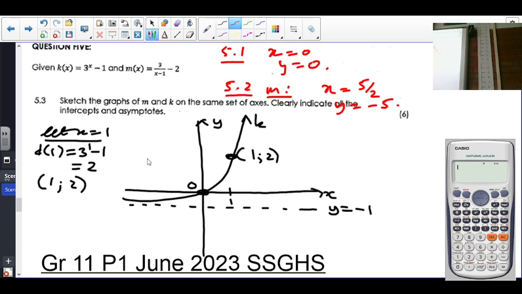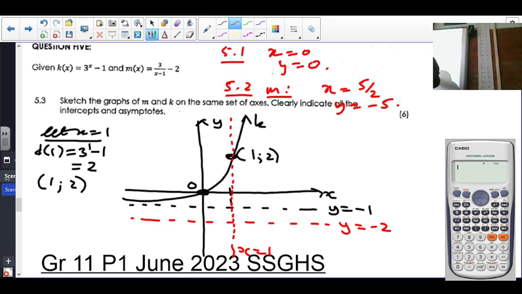Then we have the hyperbola graph. We've got the horizontal asymptote at y is equal to -2. So that is 1 unit lower than that. Okay. And the vertical asymptote at x is equal to 1, which is this one here. It's positive, so it's in the first and third quadrant.